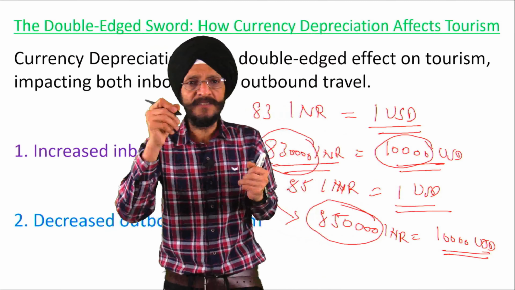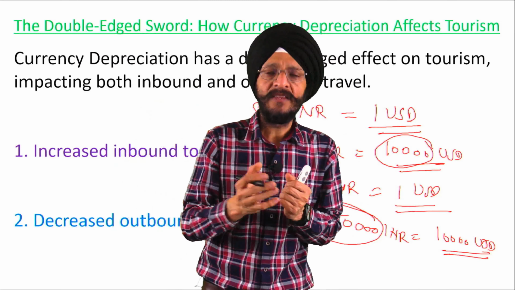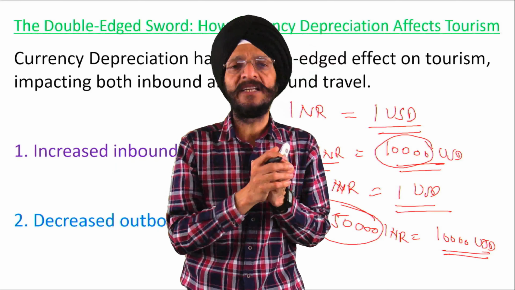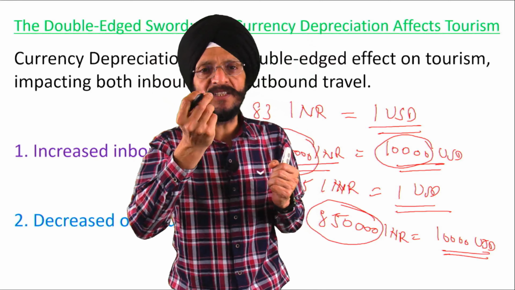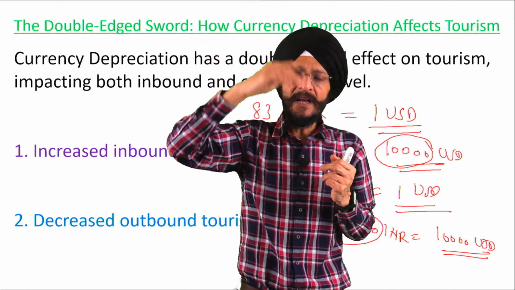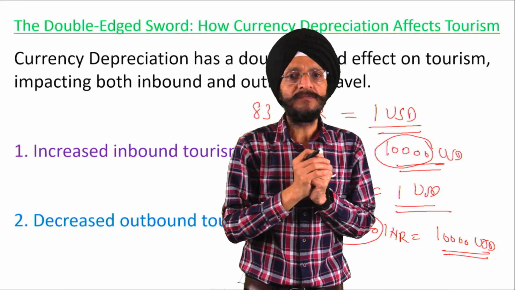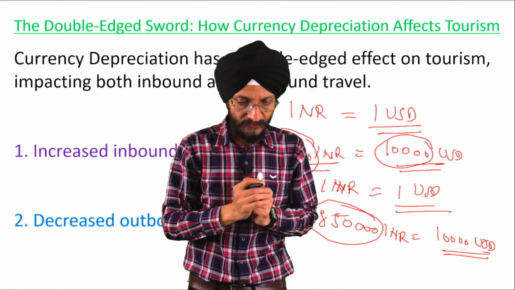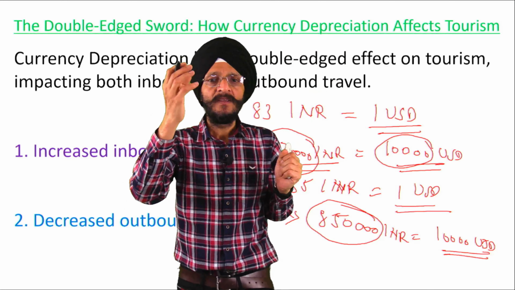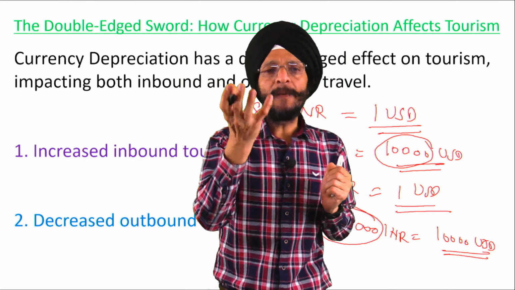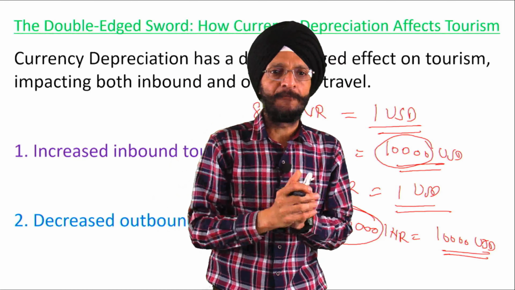So it increases inbound tourism. That is, if the value of the Indian currency has depreciated, it increases inbound tourism. India becomes attractive for foreigners, so it results in boosting the tourism sector in India.